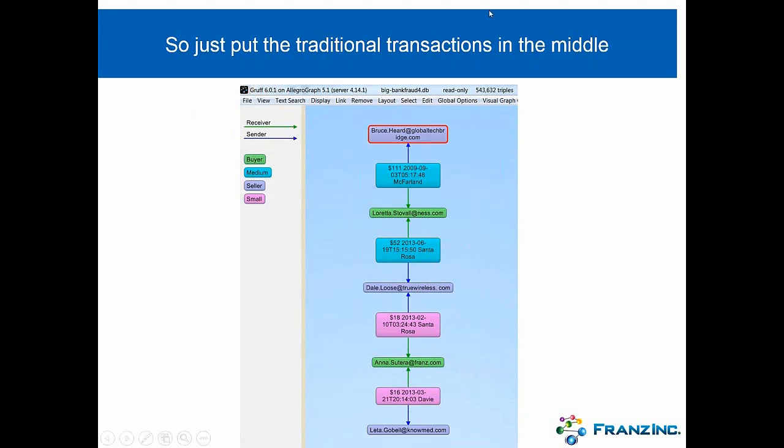Oh, by the way, look at this one here. So we see Bruce and Loretta again that we saw in the previous slide. But now we see that the payment was $111. We see the exact date when the payment was made, and the place where the payment was made. By the way, for people familiar with semantic graph databases, these are just labels.